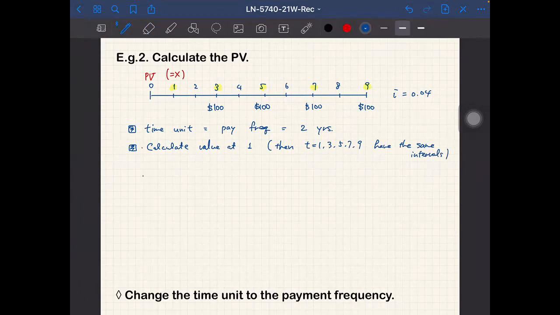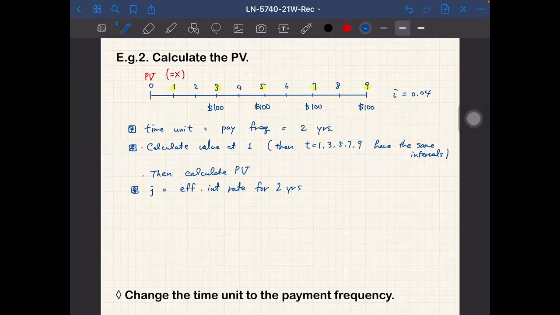Then calculate the present value. At first, the time unit is 2 years. So what is the effective interest rate for 2 years? Then what's the formula?